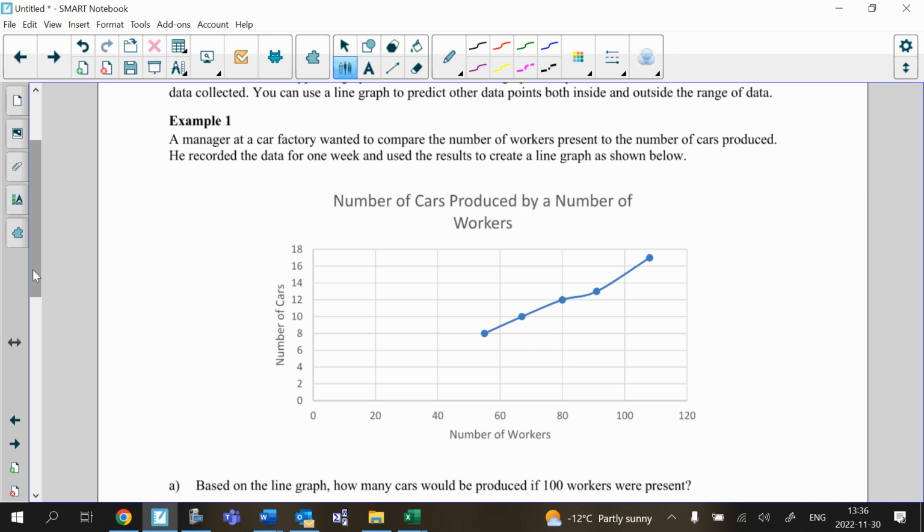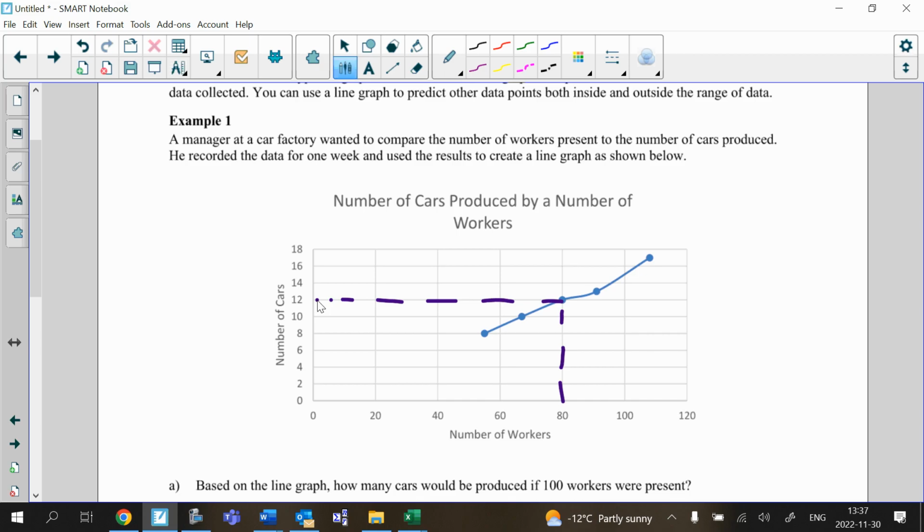So before we get into anything else, if I said, what if 80 workers were at the factory? How many cars were produced? 12. Pretty easy, that's along the grid lines, you just go up from 80. And 12, okay? But now, what if it wasn't a dot that was given?